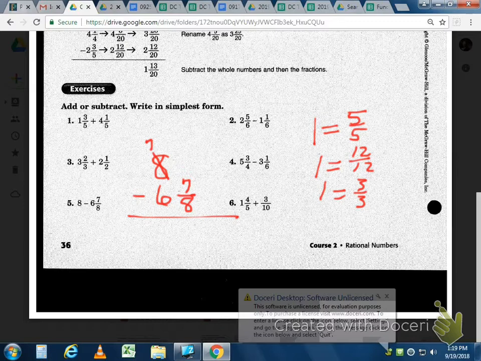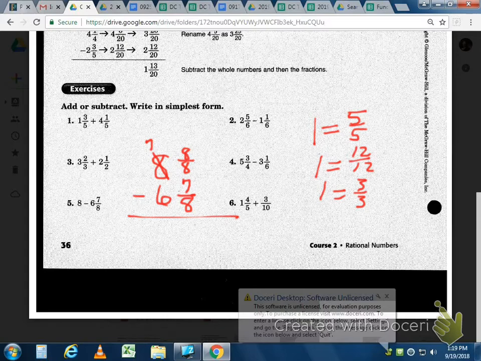Oh, we borrowed 1 whole. 1 over 1. I want to take 7/8 from it. So in order to subtract 7/8, what has to be true about my denominator? It has to be 8 over 8. So that 1 that we borrowed this time became 8 over 8.